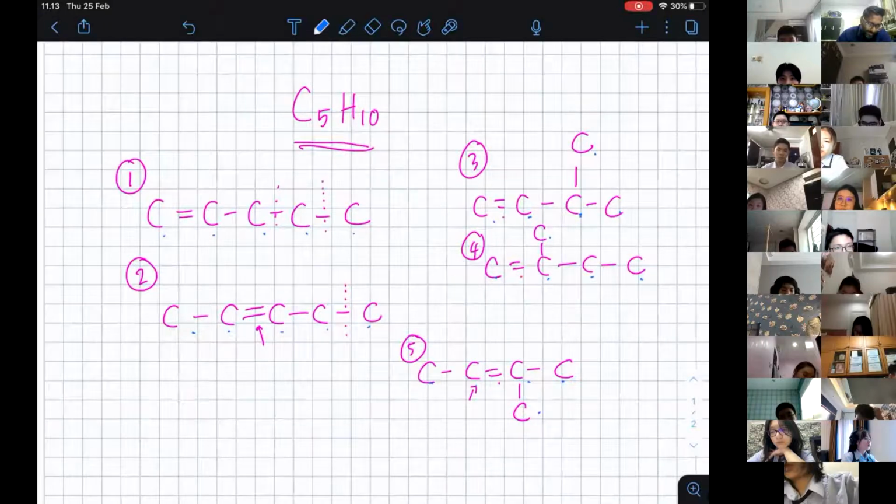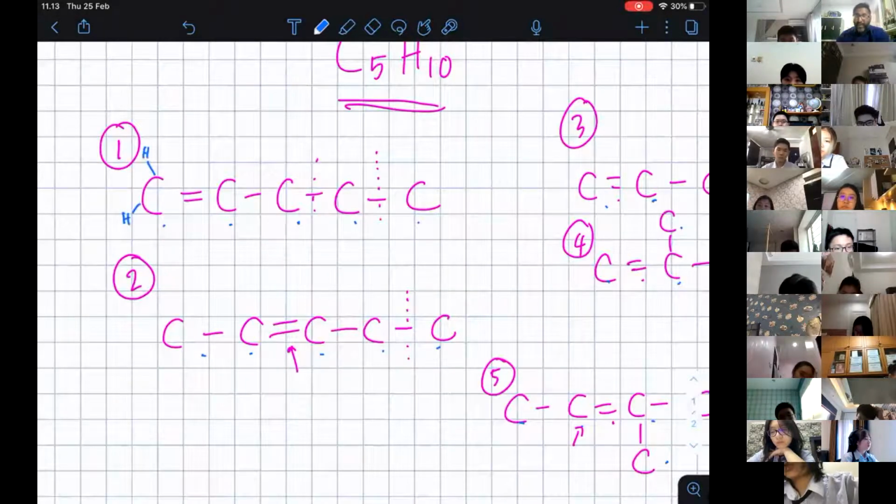This is going to be hydrogen, this is going to be hydrogen. One of the criteria to have cis and trans is that the carbon attached to the double bond must have two different groups. This one has the same group, so no cis and trans. No need to even see the other one.